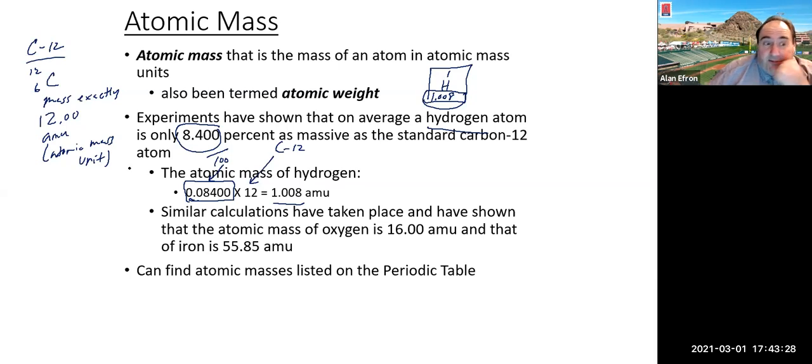So you may say to yourself, well, if they chose the carbon-12 isotope as the standard and it had a mass of 12, why, when I look at the periodic table for carbon, does it not show 12, but actually show 12.01 as the atomic mass? So what's the deal?